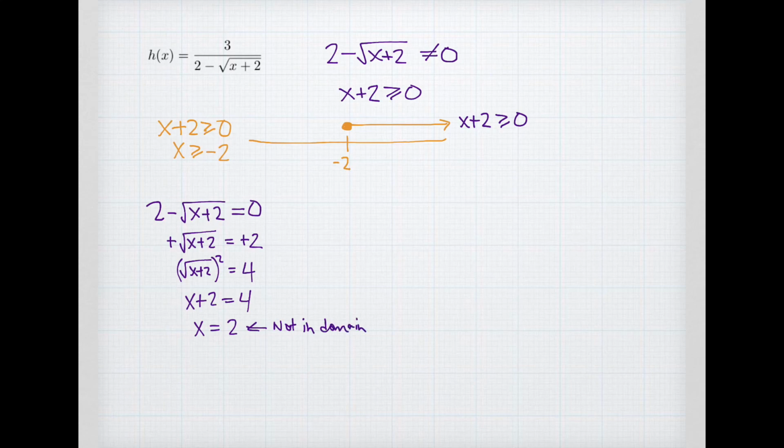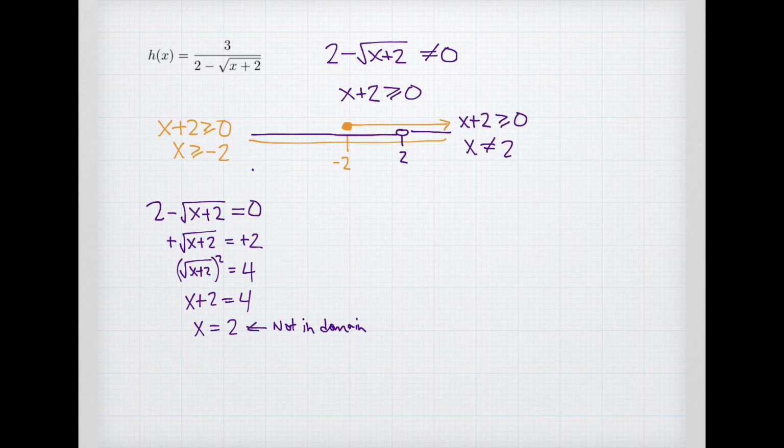And so we need to go to our set, and our second requirement is that we cannot equal 2. So here's 2, and the second requirement is that x cannot equal 2.